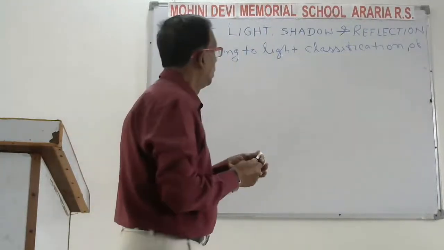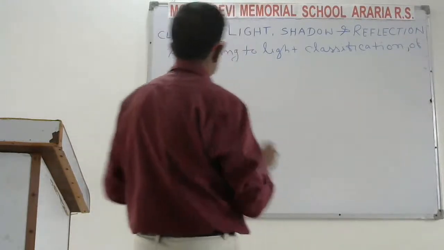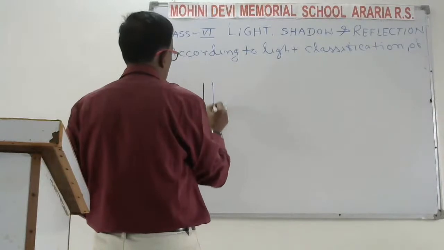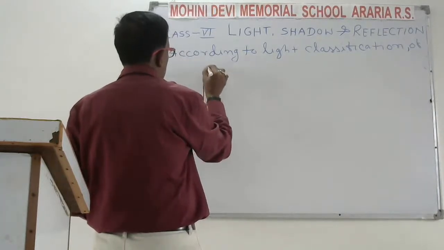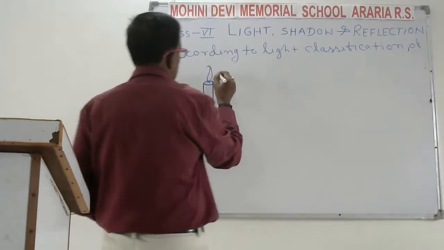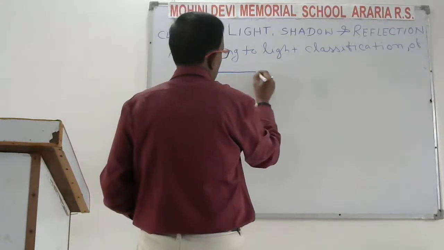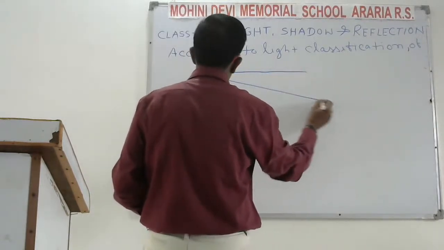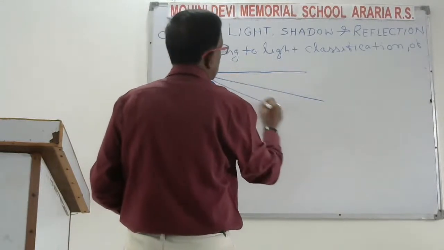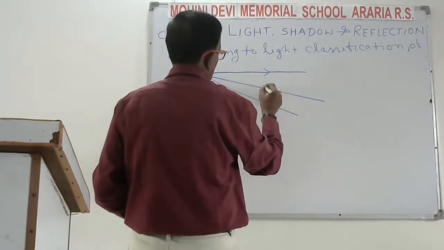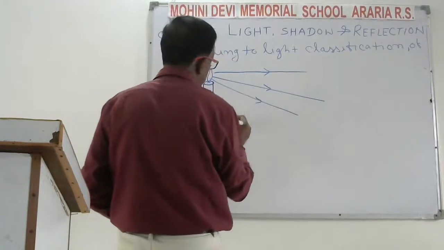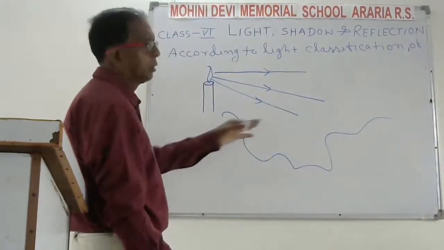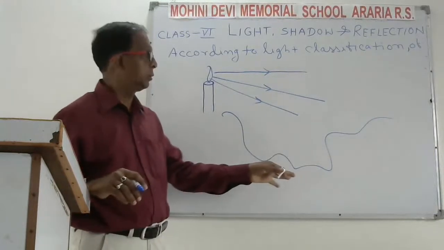If a burning candle is here, it is burning, and the light ray is coming from here, and it propagates straight in this way. It does not propagate like this. The light does not propagate like this.